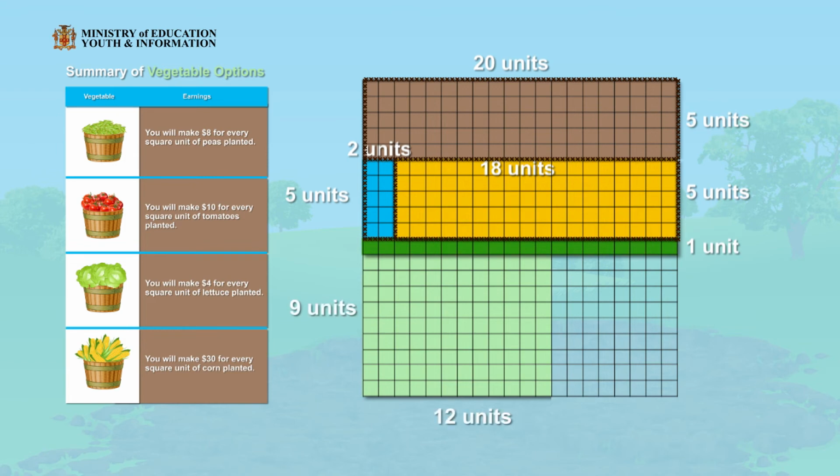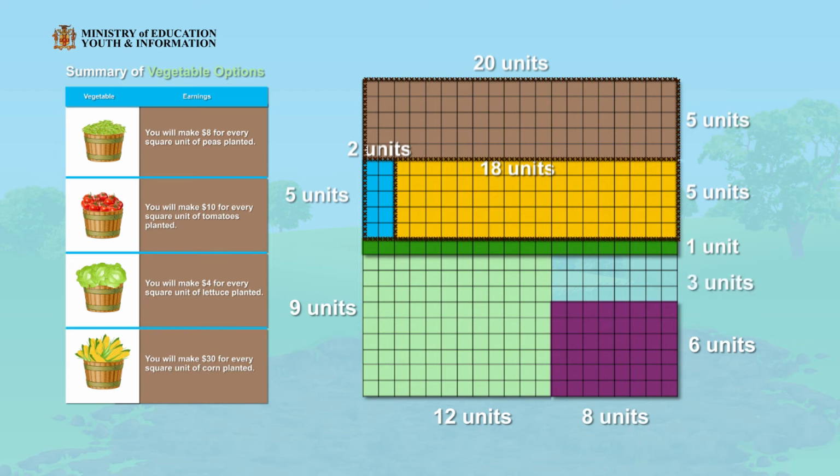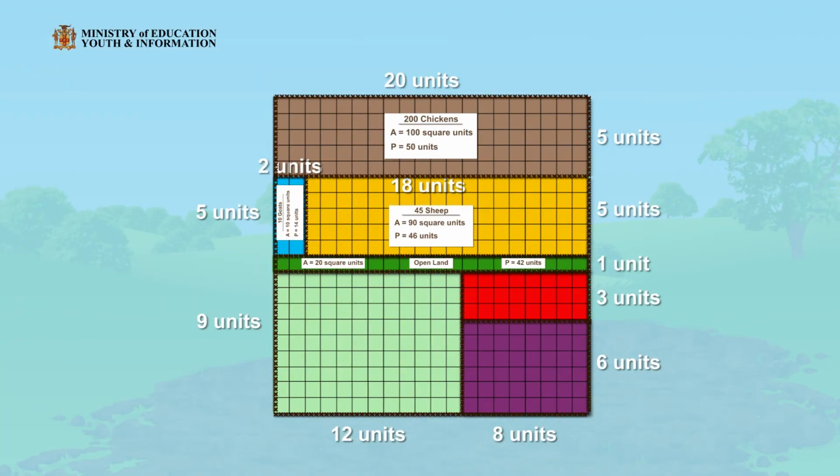The tomatoes will earn the second highest amount. So I will make my tomato patch 6 units by 8 units. Then I would have 3 units by 8 units for peas. I like your reasoning. Organize your farm showing all the measurements, including the perimeter and the area of each section. Okay, got it.